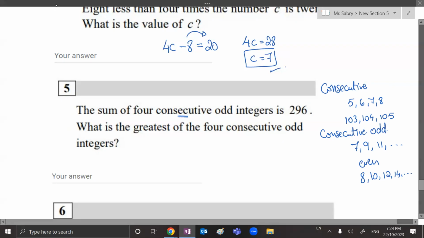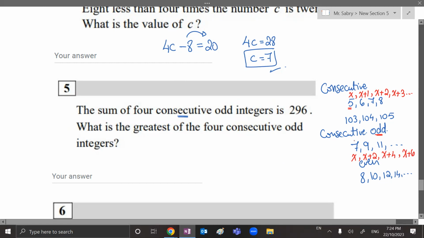Whenever we need to express consecutive numbers and I don't know what those numbers are, I can say if the first number is x, the one after that is x plus 1, then x plus 2, then x plus 3, and so on. But for consecutive odd numbers, if the first one is x, the next is x plus 2, then x plus 4, then x plus 6.